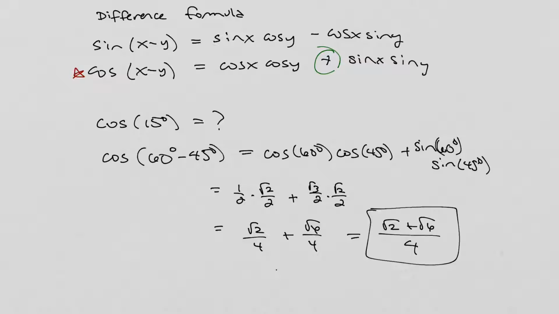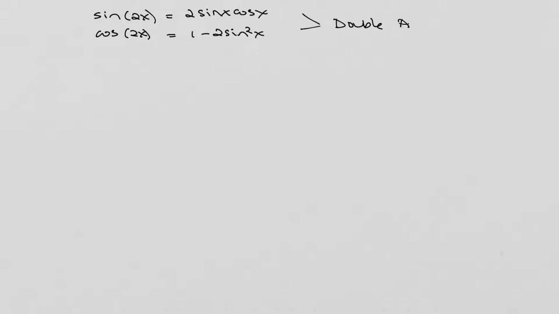Okay, so to sum up, we have 4 different styles of formulas that we need to write down. So make a sheet of paper and put these things on here. We have the double angle formulas, sine 2x and cosine of 2x. That's 2 times sine x cosine x, and this is 1 minus 2 sine squared x. These are called my double angle formulas.